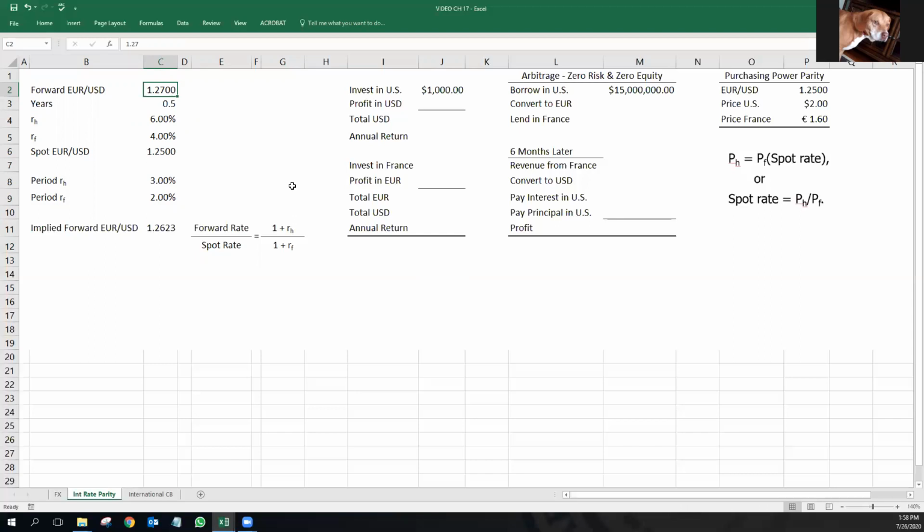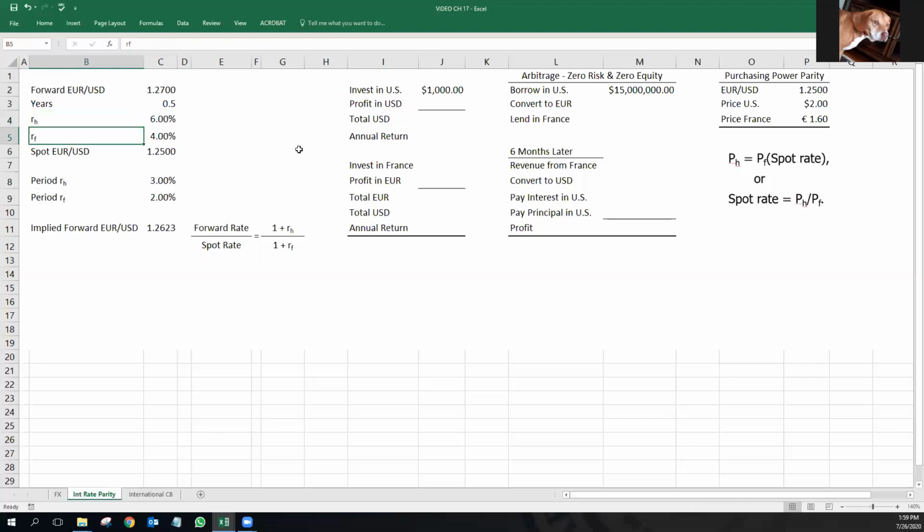Then we look at the current lending and borrowing rates. For the euro, let's say France, but it could be any country with a euro. The risk-free rate in the United States might be 6%, so borrowing and lending without risk can be done at 6%.